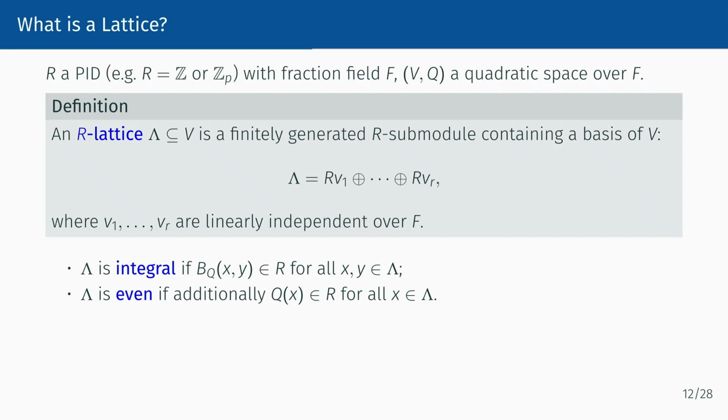So remember that in our notation, b(x,x) is just twice q(x). So if the quadratic form is integral, then the bilinear form is even.